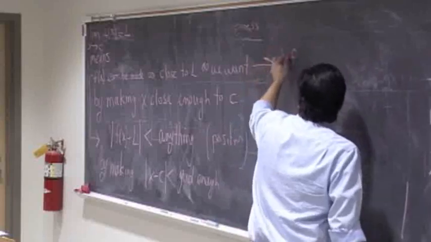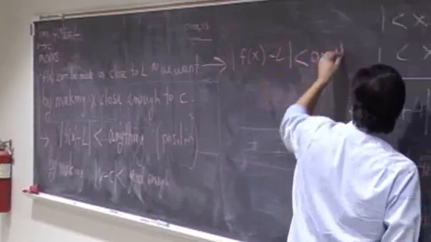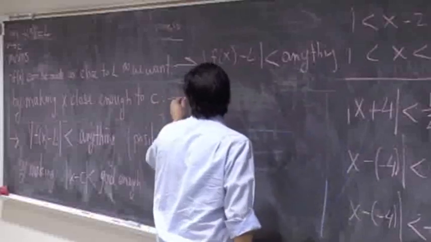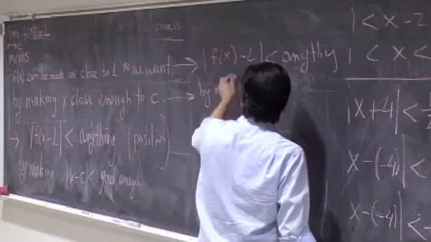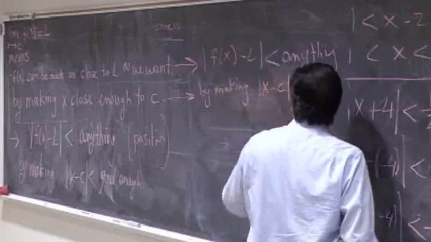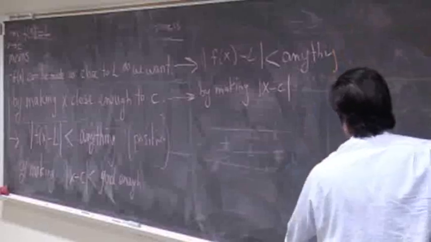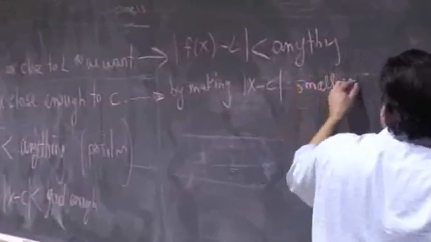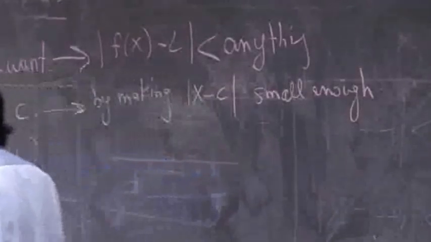This statement says f of x minus L can be less than anything. And this sentence says by making this small enough. Okay?